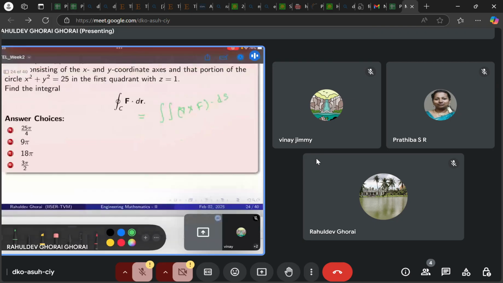So what will be the curl of F then? Curl of F, or gradient cross F.